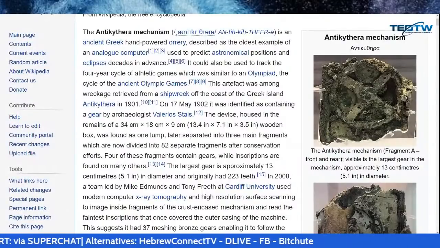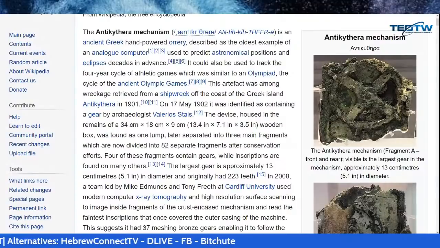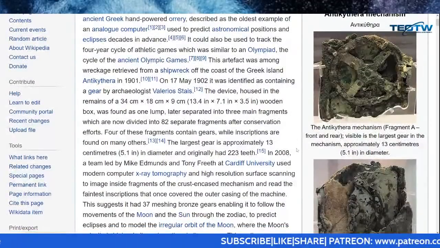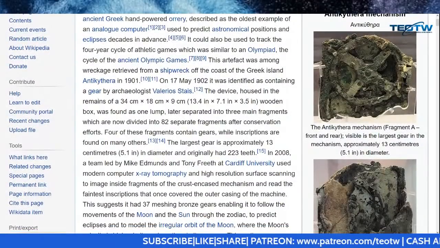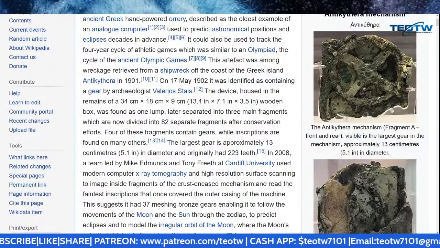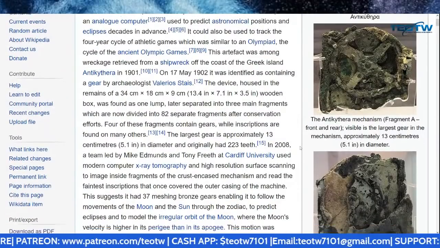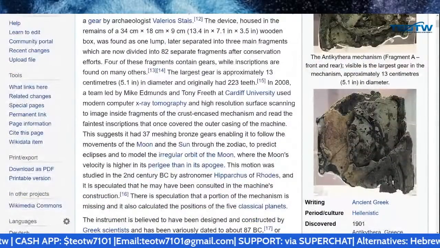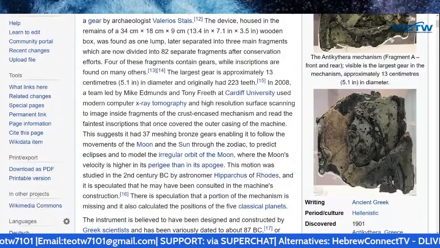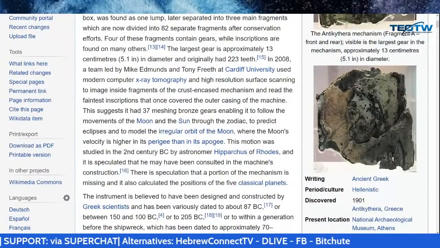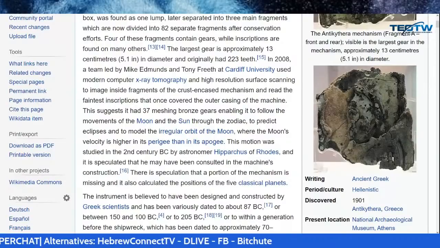The device, housed in the remains of a 34 centimeter by 18 centimeter by 9 centimeter wooden box, was found as one lump, later separated into 3 main fragments, which are now divided into 82 separate fragments after conservation efforts. 4 of these fragments contain gears, while inscriptions are found on many others. The largest gear is approximately 13 centimeters in diameter and originally had 223 teeth.